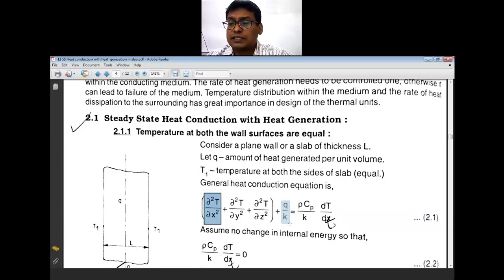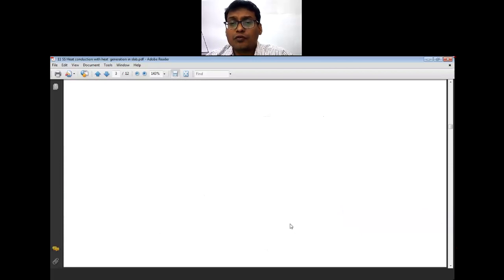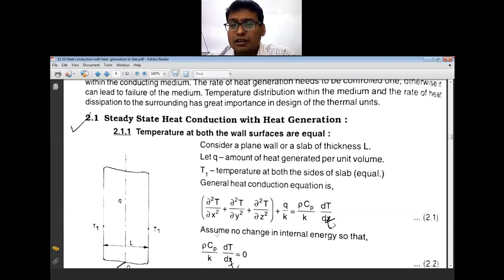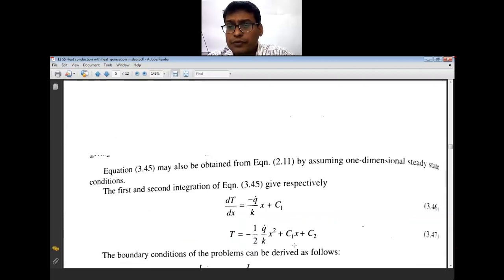This is the same as what we defined here: d2T upon dx square plus q dot upon k. Here q dot is the generation.